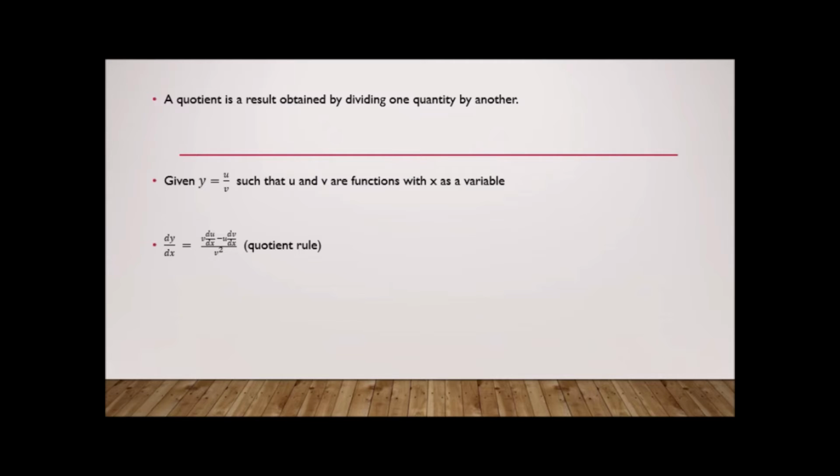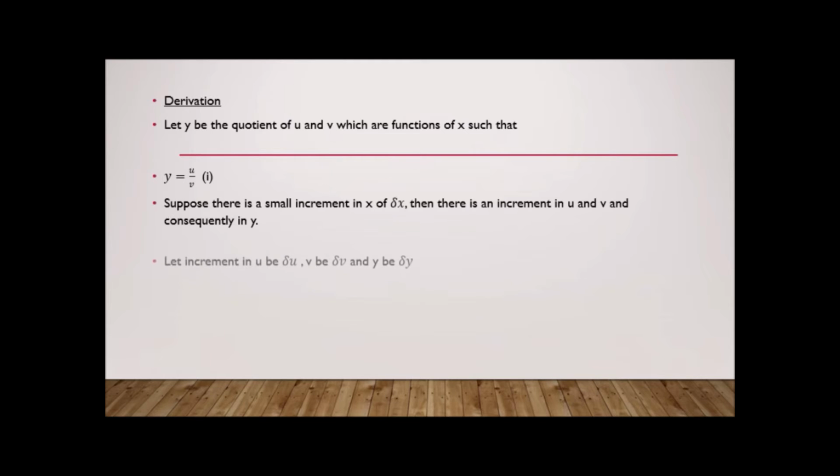Now we are going to derive it. Let y be the quotient of u and v, which are functions of x, such that y is equal to u over v. That is our equation 1. Now suppose there is a small increment in x, say δx, then there is consequently a small increment in u and v, and consequently in y.